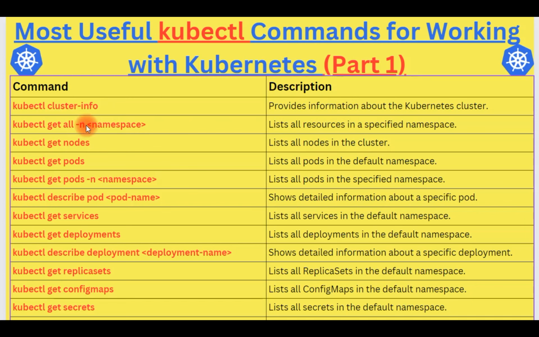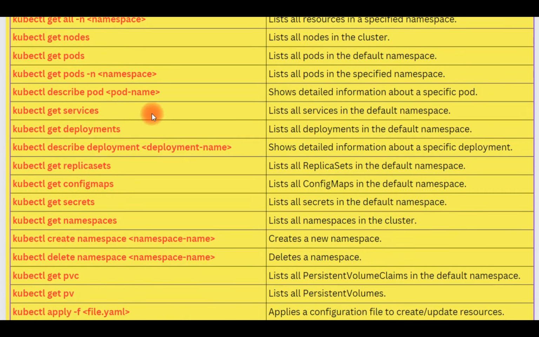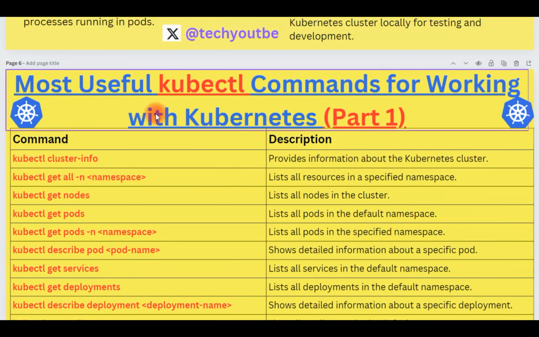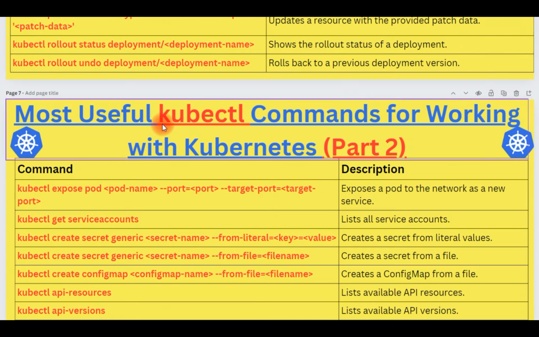Wherever you see namespace in braces, that means you need to define the actual namespace which you are going to use. Similarly, for pod name, you need to provide your correct pod name for which you are looking for a description or detailed information. These are a few things you need to keep in mind. So this is the first part.